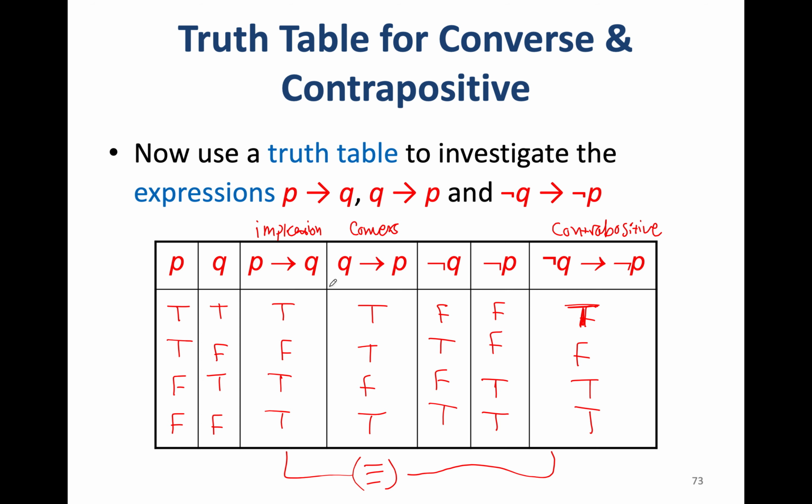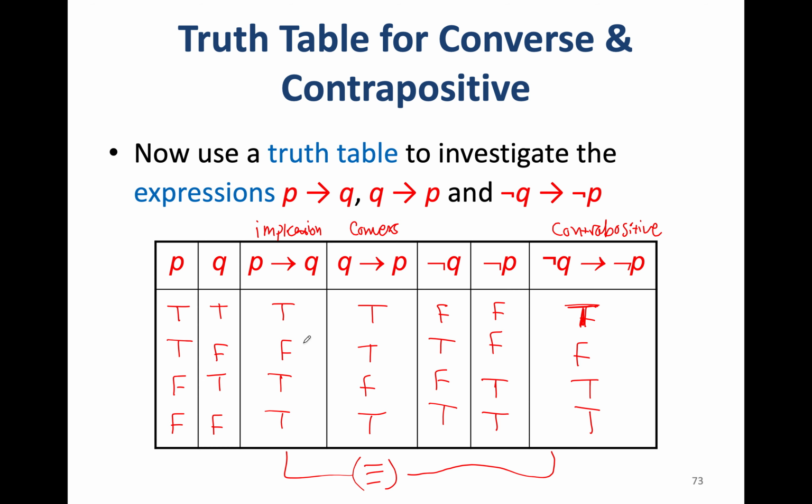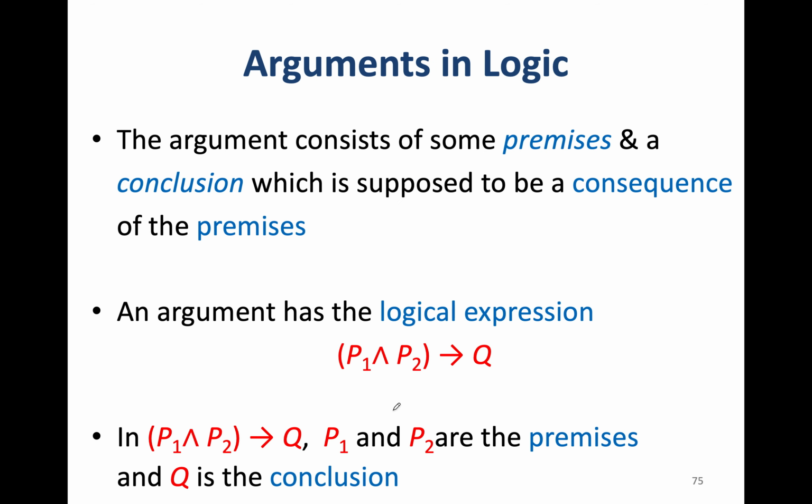That's why the implication, which is the original proposition, is true and the contrapositive is true, while the converse has a false meaning. So the truth table shows that columns 3 and 7, which are the implication and its contrapositive, are logically equivalent, whereas the implication and the converse are not logically equivalent. And we saw this in the Salalah and Oman example.